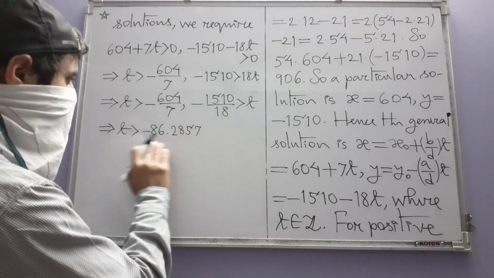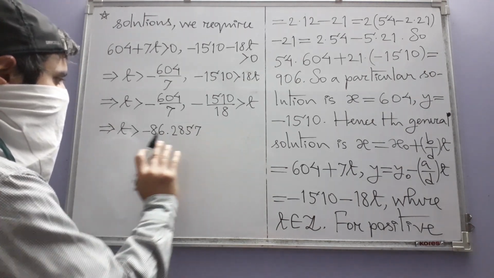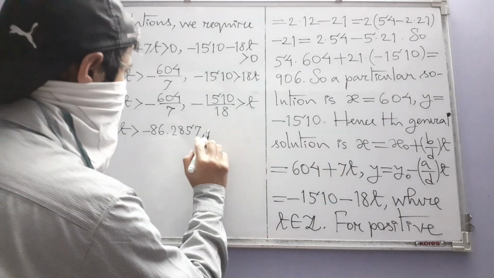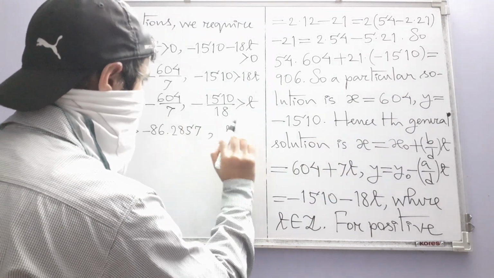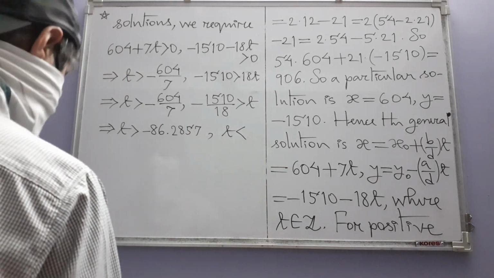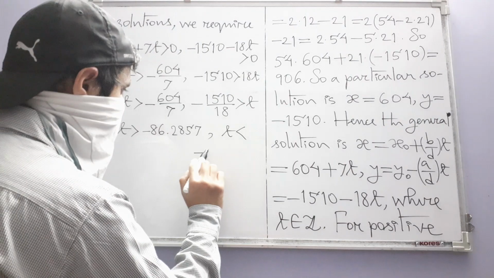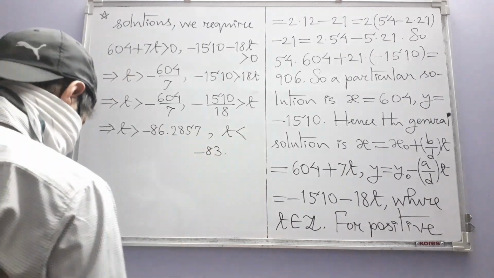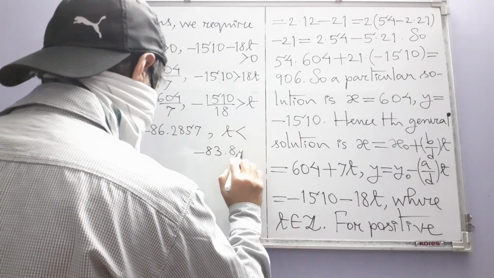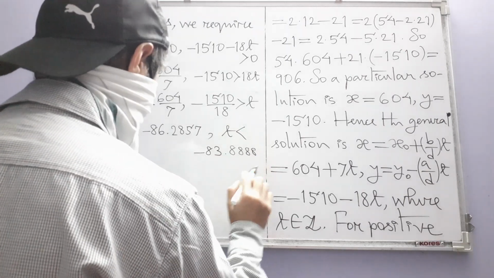We just need to see where the number lies roughly with respect to the integers, and at the same time t is less than, this one is minus 83.8, it goes like this, 8888 and so on.